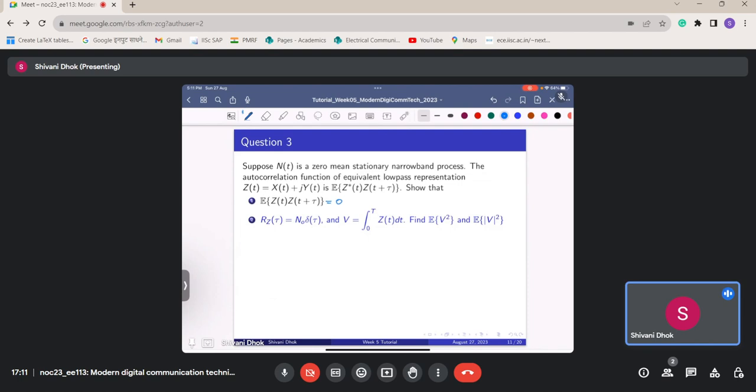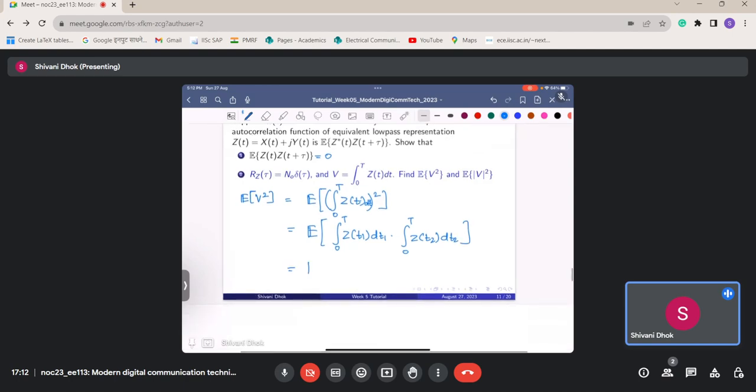Okay, so let us first solve expectation of v squared. So this is basically expectation of the integral of z(t) dt, whole square, which I can write as expectation of the integral from 0 to t of z(t1) dt1 multiplied by the integral from 0 to t of z(t2) dt2.